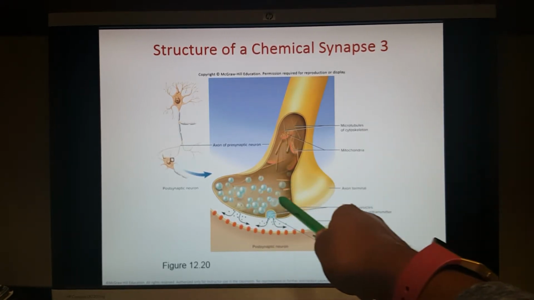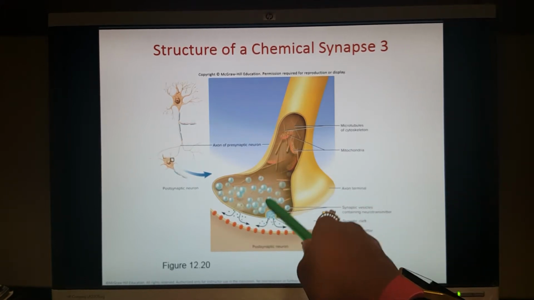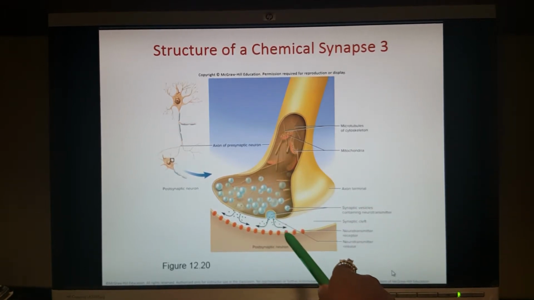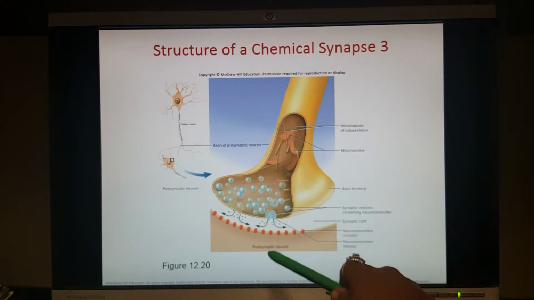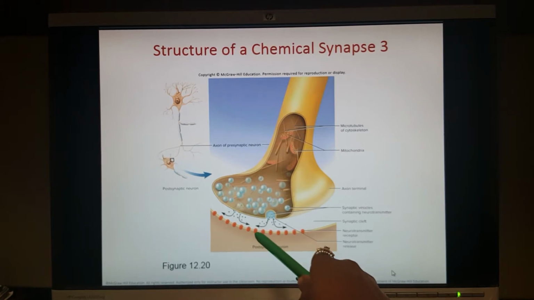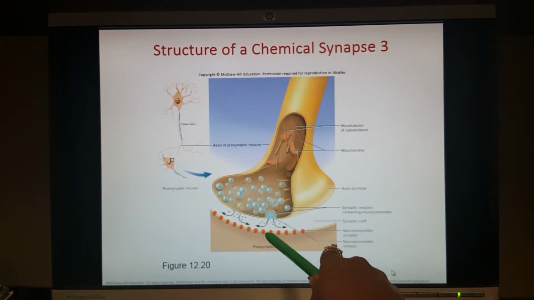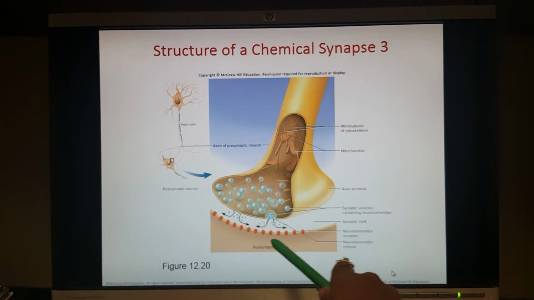This causes the synaptic vesicles, the little blue bubbles, to merge with the plasma membrane, releasing the neurotransmitter into the synaptic cleft. Then the neurotransmitter goes from high concentration to low concentration, binding to the receptor. The neurotransmitter is a ligand, and it binds to a receptor on your postsynaptic neuron.